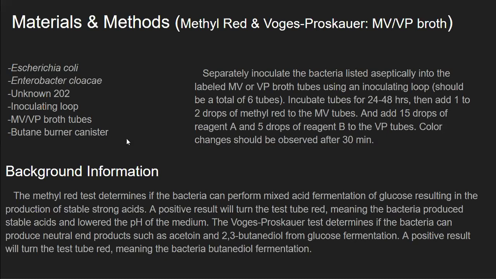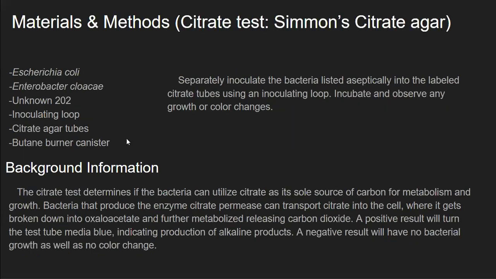The Voges-Proskauer test determines if the bacteria can produce neutral end products such as acetone and 2,3-butanediol from glucose fermentation. A positive result will turn the test tube red, meaning the bacteria performed butanediol fermentation.